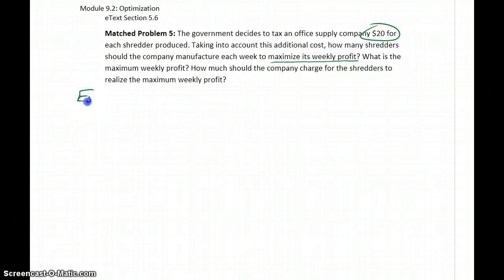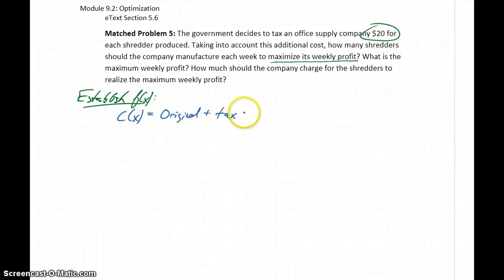So we want to, again, start off by establishing the function that we're going to be maximizing or minimizing. In this case, we're after our weekly profit, but our cost equation has changed. So we'll start off by setting up this cost equation, which is going to be the original cost equation that we had in the last example, plus now this tax that we're adding on.